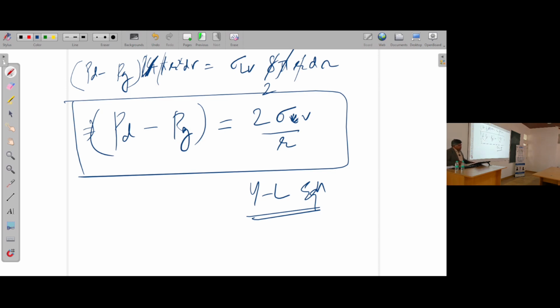This is a very neat equation which says that for a drop or a bubble, whatever it is, to maintain its shape, the pressure inside should be greater than the pressure outside. It just says that. There's nothing else to it.